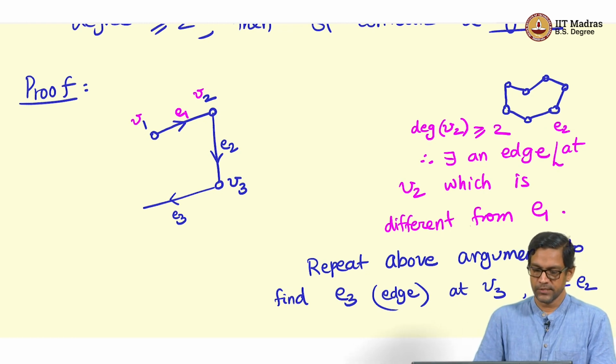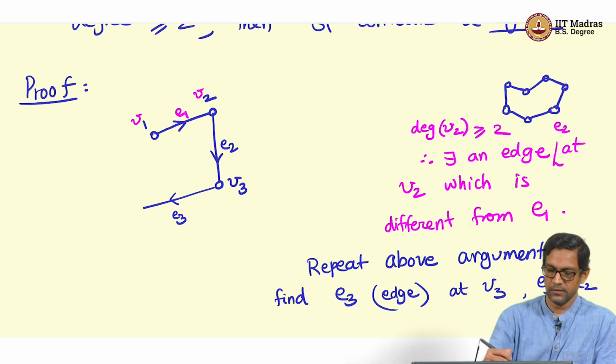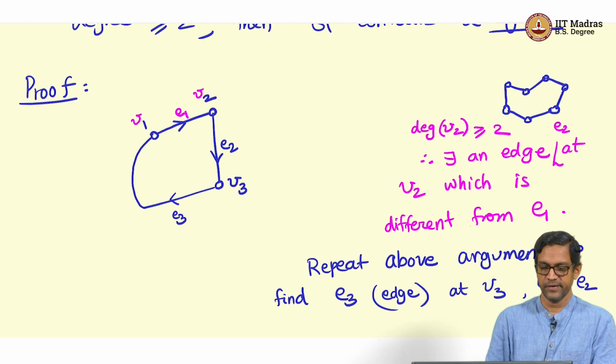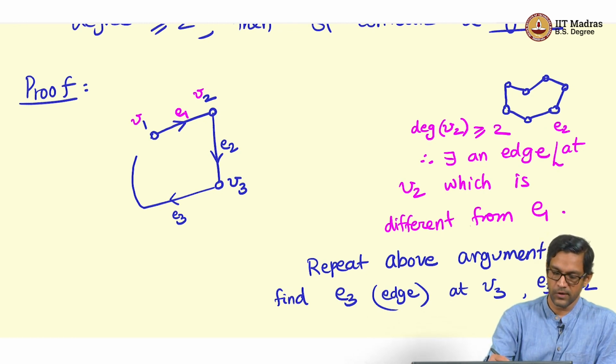Okay, so of course at this point it could happen that E3 is actually an edge which went back to V1. If it did, then I have already found my cycle. Okay, now if not, then I will reach some other vertex V4 and so on.